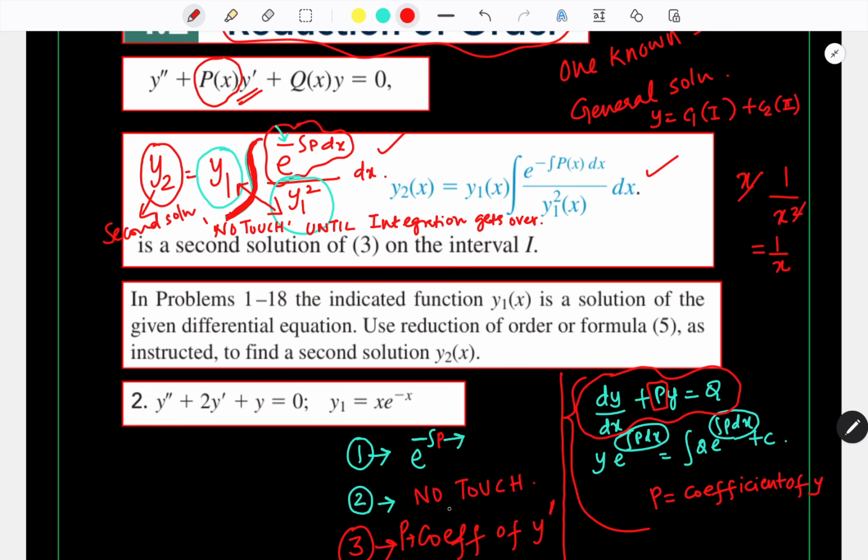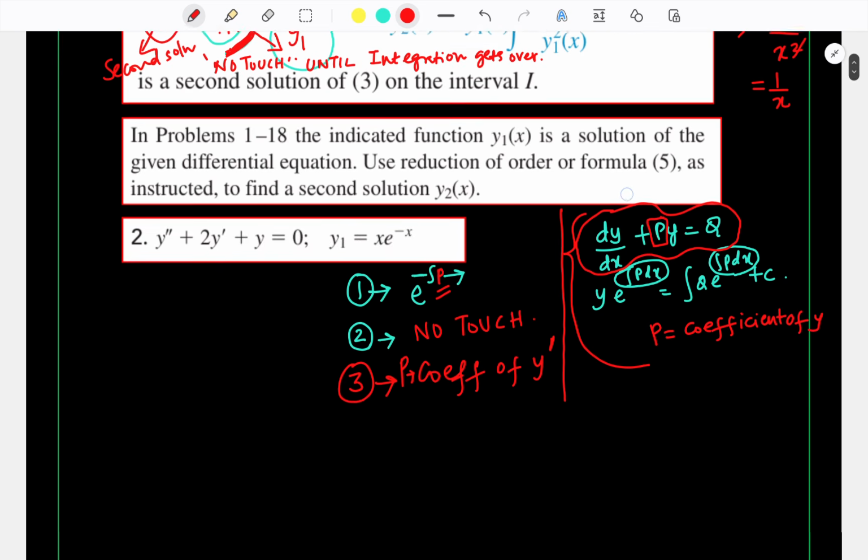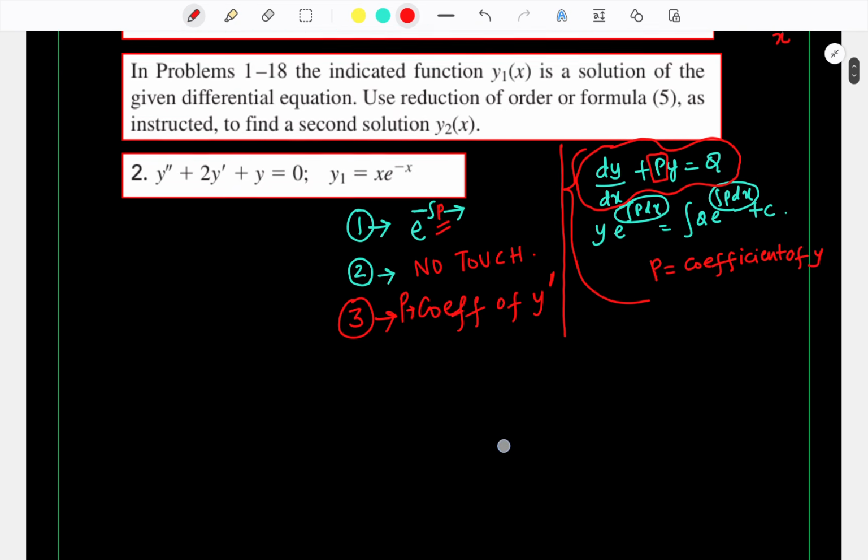The second point is no touching between this y1 and this y1 square, no cancellation until your integration gets over. And the third thing is p is nothing but the coefficient of y dash, not y. Make sure, okay? Right. All these things you have to keep in your mind.